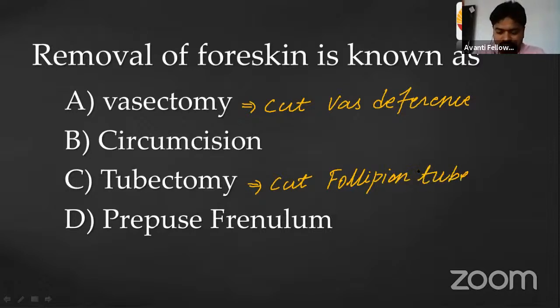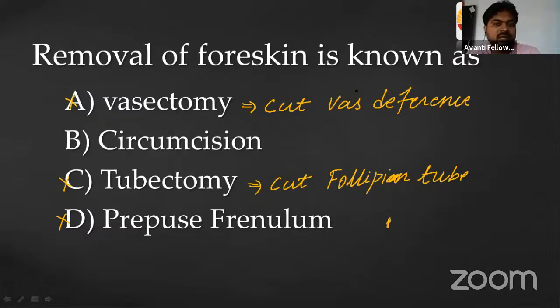Next, prepuce frenulum is a type of skin structure that attaches to the glans penis. That is why these three options are not the answer.